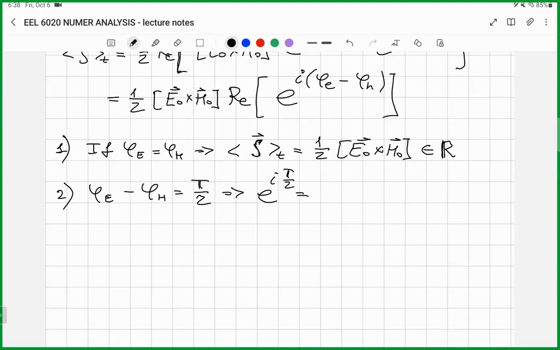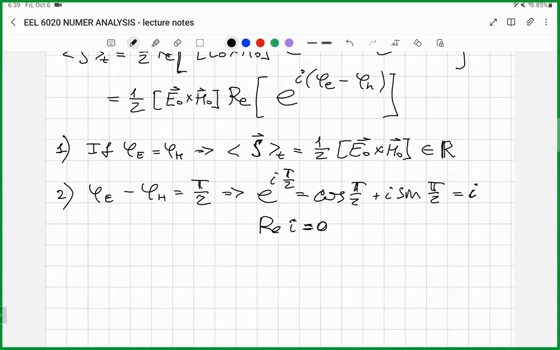And I use Euler's formula, right? Cosine pi over 2 plus i sine pi over 2. Cosine pi over 2 is equal to 0, sine pi over 2 is equal to 1. So the result is the imaginary unit. And the real part of the imaginary unit is, of course, 0, because the imaginary unit is purely imaginary.